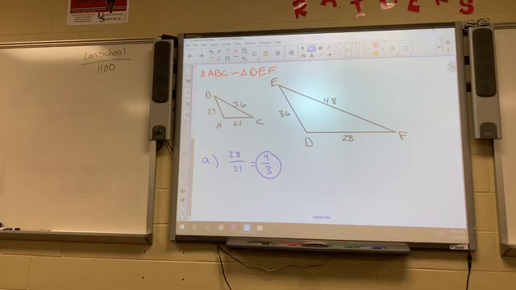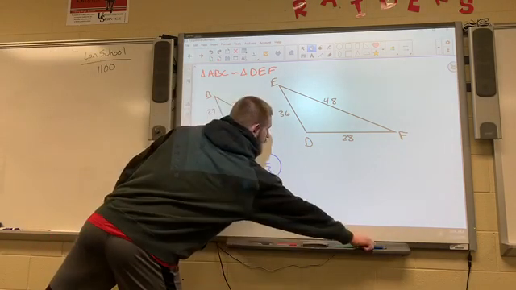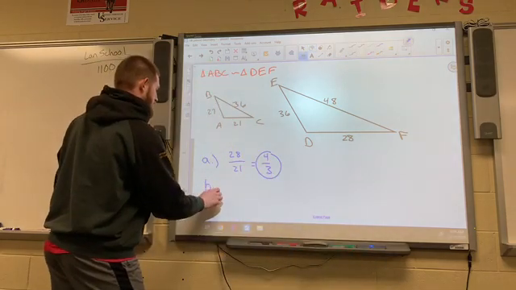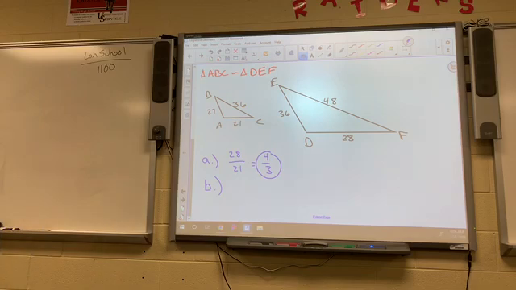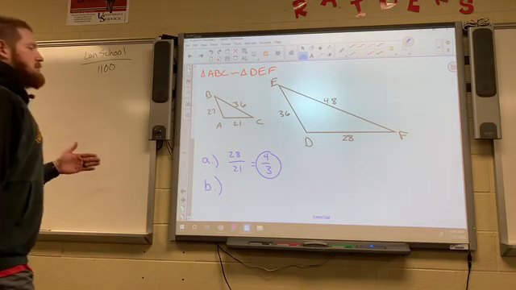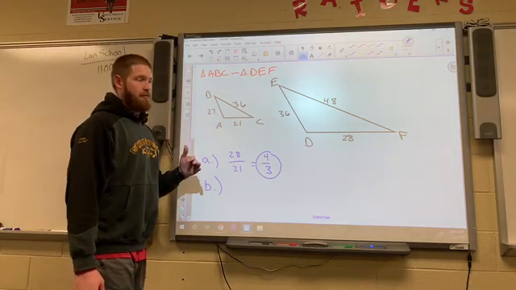All right. Part B says list all the pairs of congruent angles. Well, since we know these triangles are similar, we know the corresponding parts are going to have to be congruent.